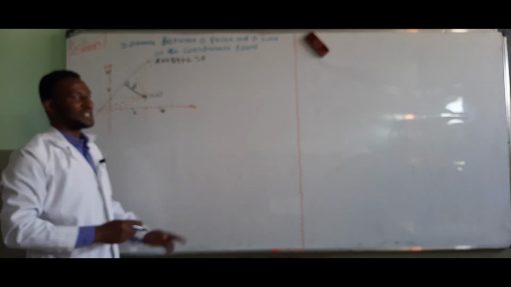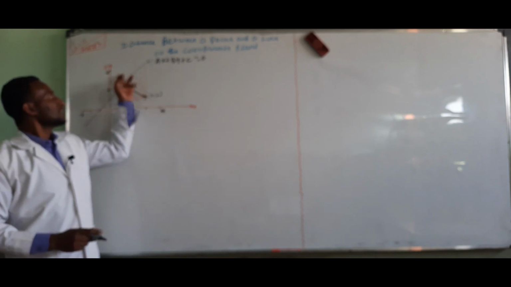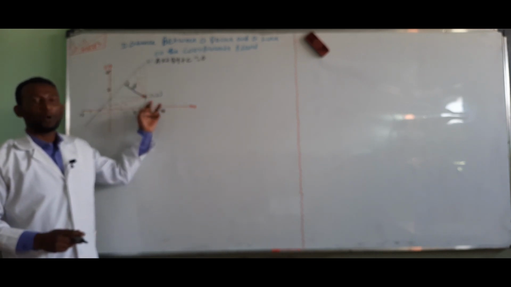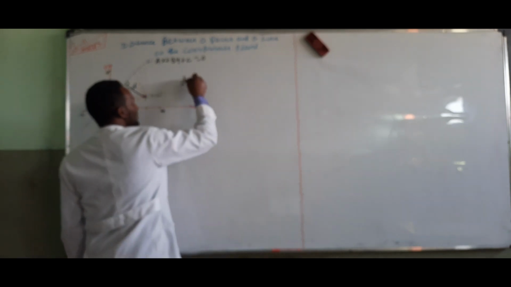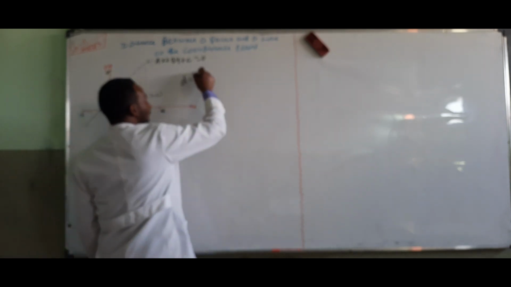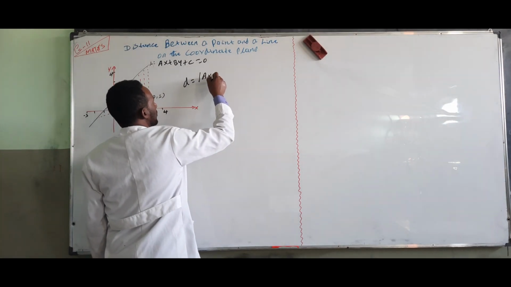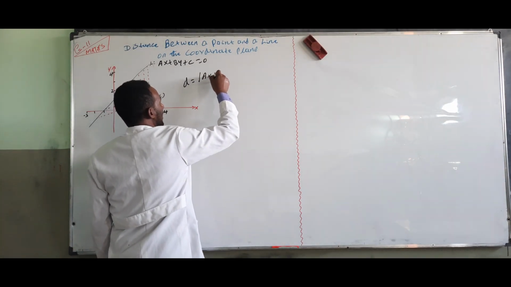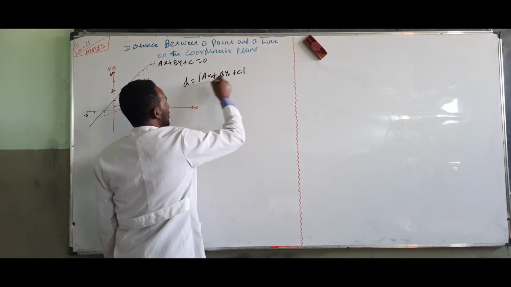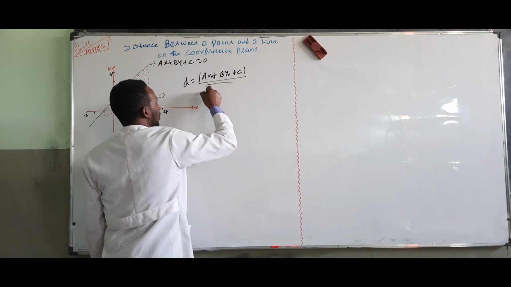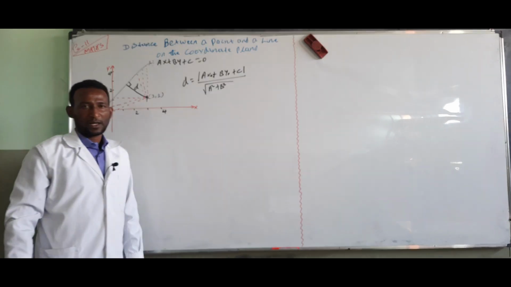Then the shortest or perpendicular distance between the given line and the given point, this distance d, is equal to the absolute value of a times x naught plus b times y naught plus c over the square root of a square plus b square.